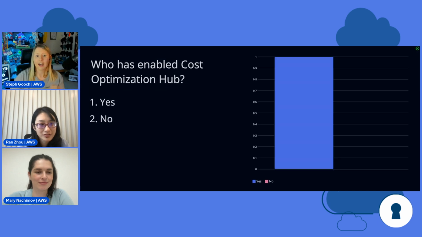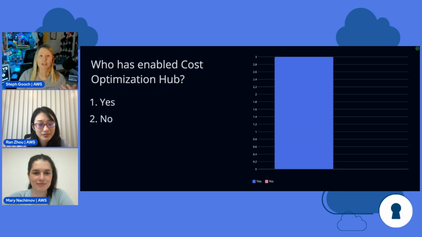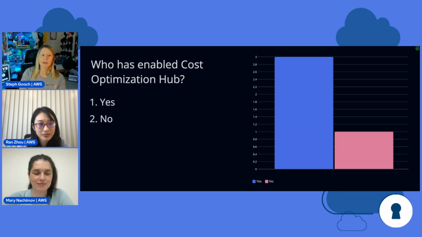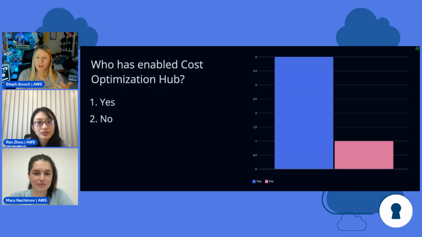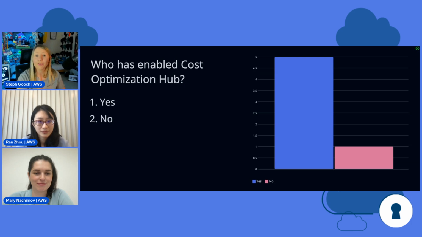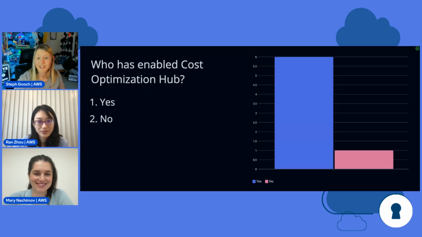For sure, because I have. And I want to see what other people have. But I'm hearing lots of customers are starting to do it. We're encouraging more and more people to do it. We've got a couple of no's in there. Well, hopefully you guys will start to learn about why you should optimize them. All right, there's one person who has said no. Hopefully by the end of this session, they will have said yes. They can go and do it with us.